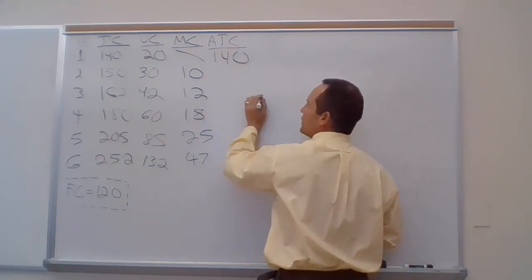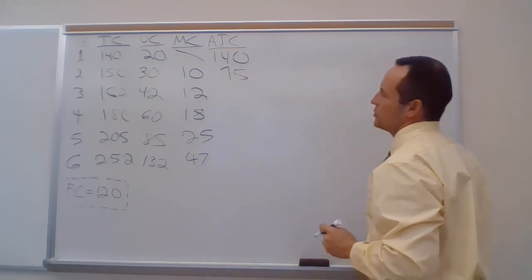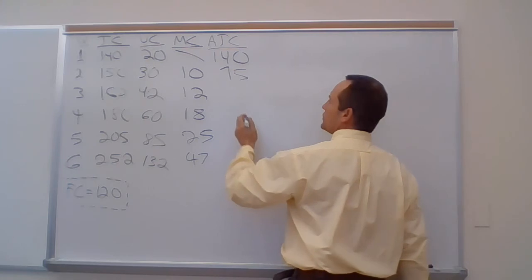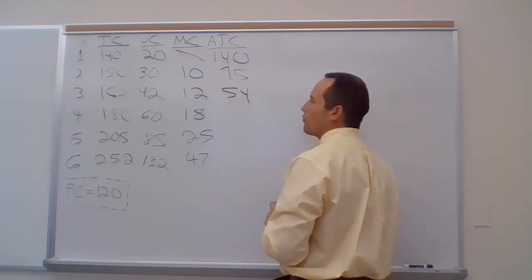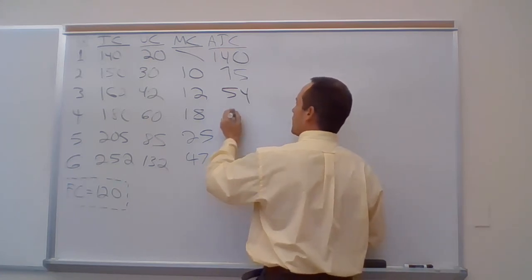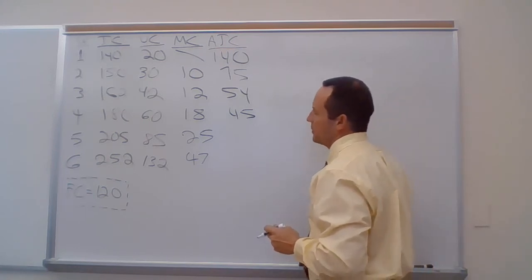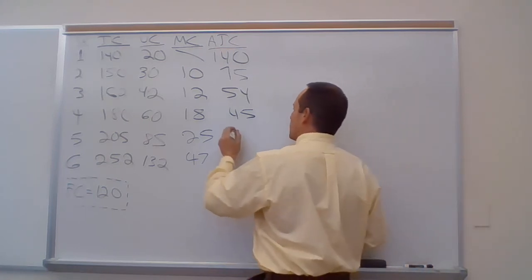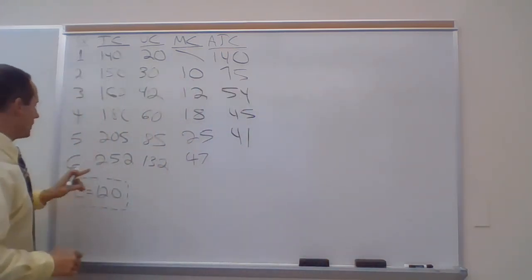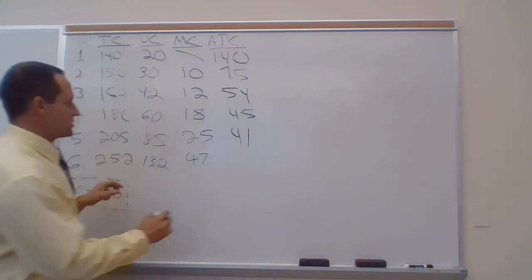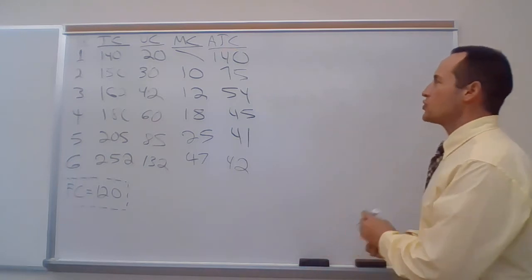We have 150 over 2. We have 162 over 3, which is going to equal 54. We have 180 over 4, which is equal to 45. We have 205 divided by 5, and that is going to be 41. 252 over 6 equals 42. So there is ATC.